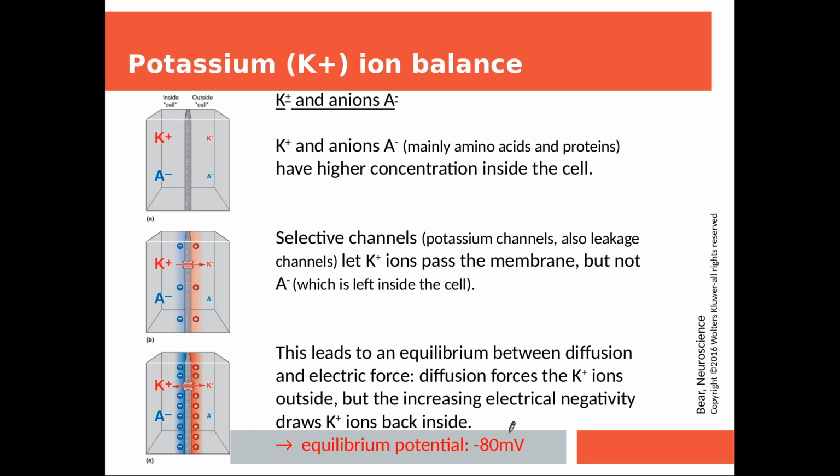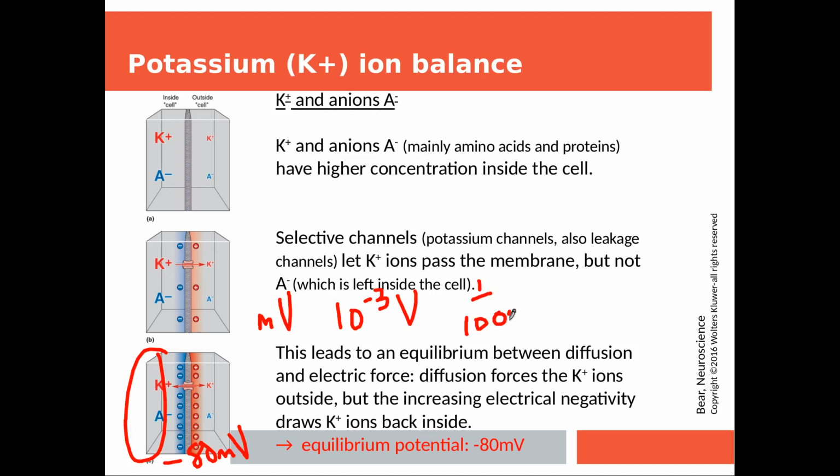The level at which that balance sits depends on the relative concentrations. But usually in neurons in the brain, it's about negative 80 millivolts. So after both of these processes happen, you leave them for a long time and let them achieve equilibrium. It happens at about negative 80 millivolts, so the inside of the cell will be at negative 80 millivolts. A millivolt is 10 to the negative third of a volt, so 1/1000th of a volt.